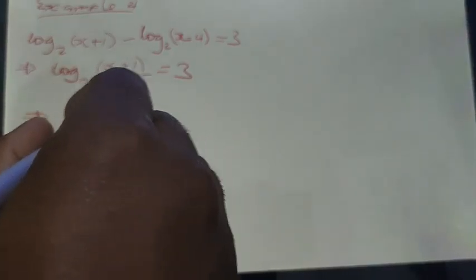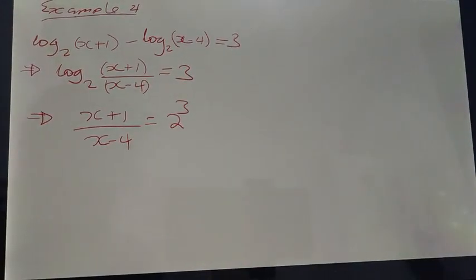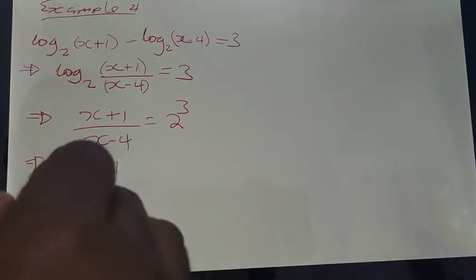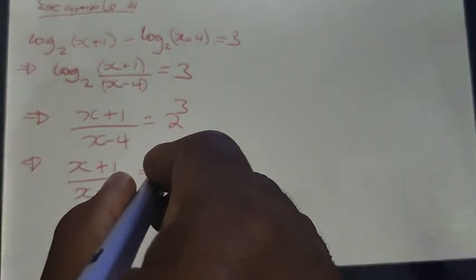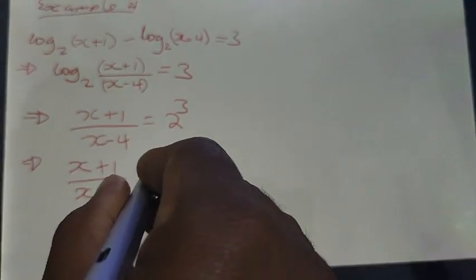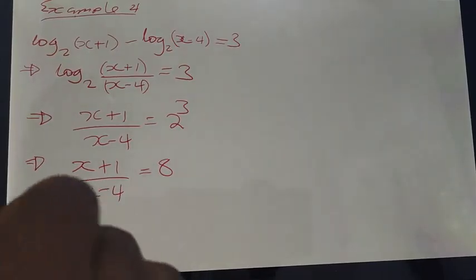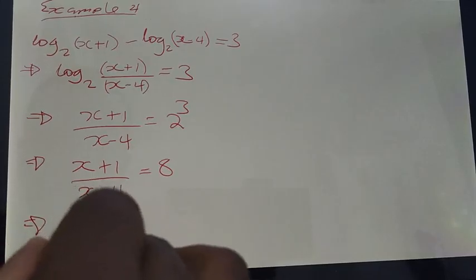So we have (x plus 1) over (x minus 4) should be equal to the base to the power 3. Okay, so this one will be equal to (x plus 1) over (x minus 4) is equal to 2 cubed, that's 8. Okay, so simplify this one. You have x plus 1.